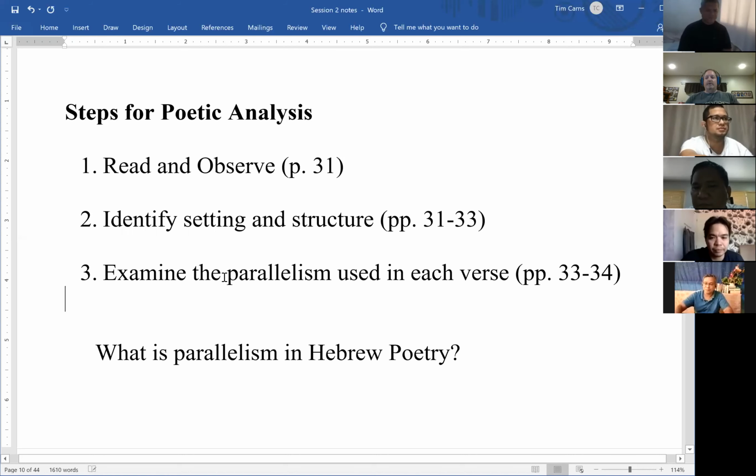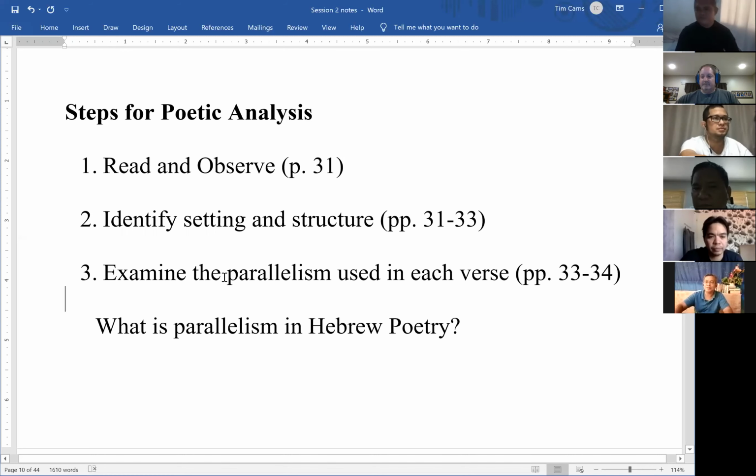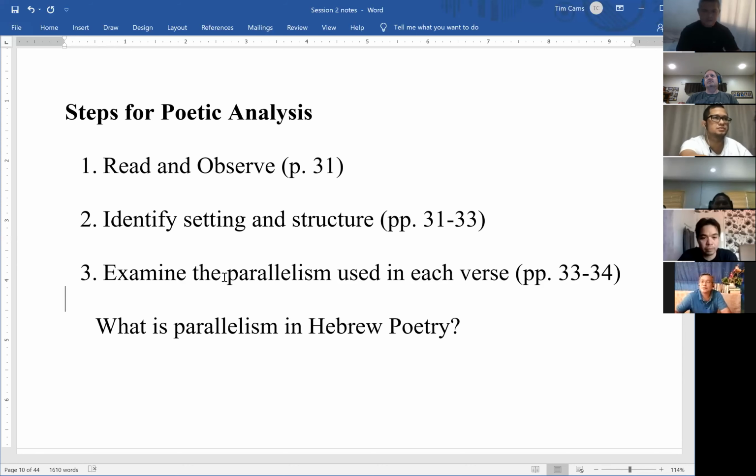We briefly discussed this last week, parallelism. Can somebody tell me what is parallelism in Hebrew poetry? It's how the lines in each verse are arranged, or their connection with each other. Okay, good. How the lines are arranged, how they're connected.